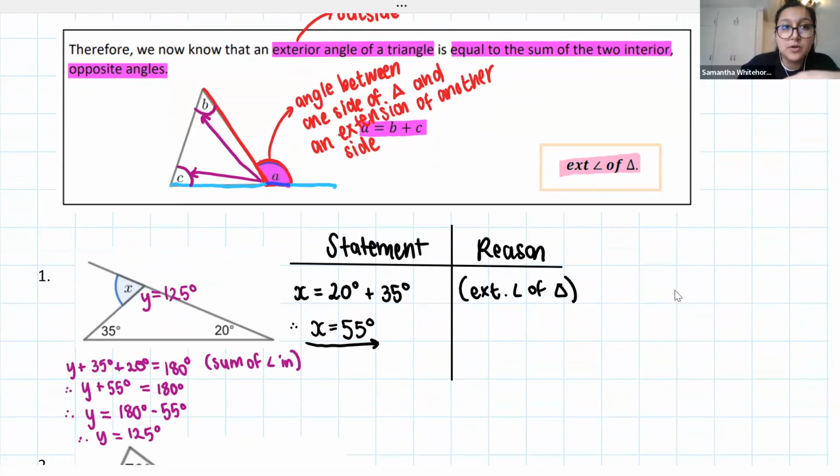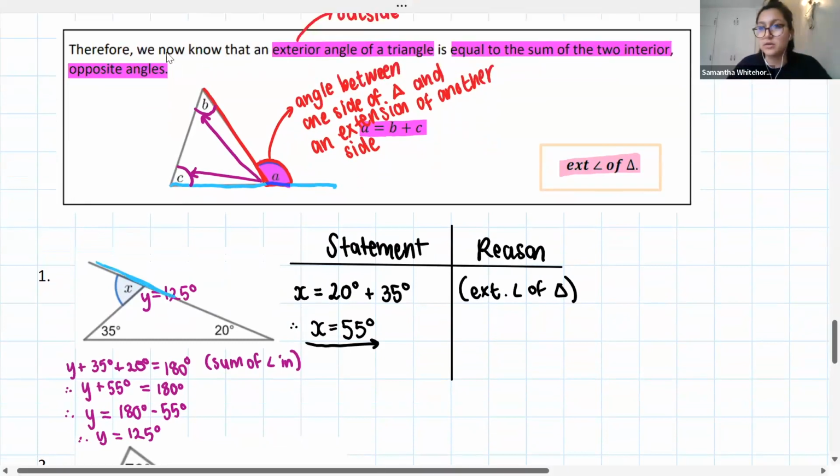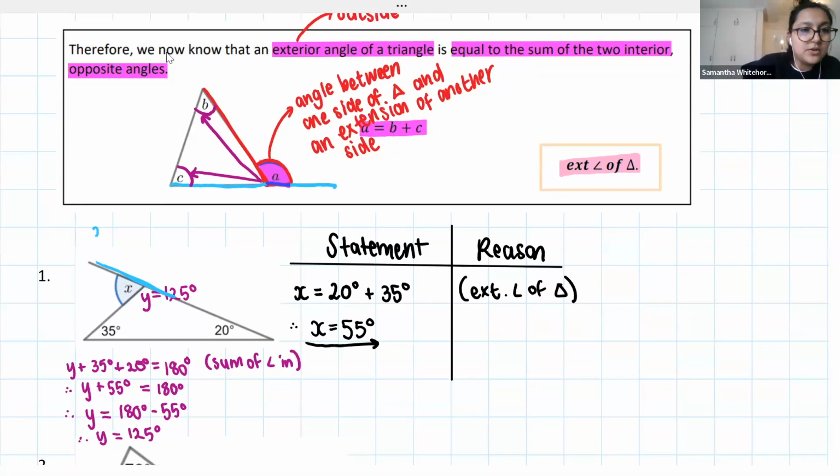If I then go and work out x now, I could use angles on a straight line. We know that x plus 125 must equal 180 because of angles on a straight line. And so x is equal to 180 minus 125, and so x is equal to 55 degrees.